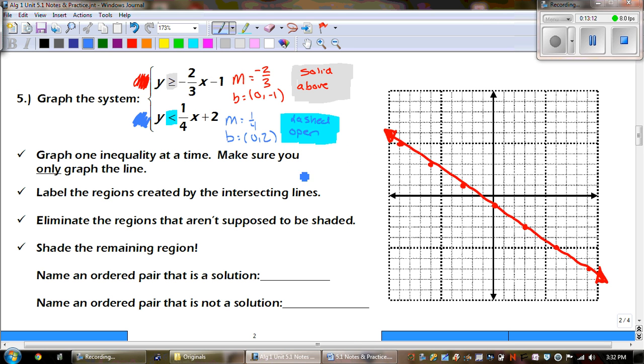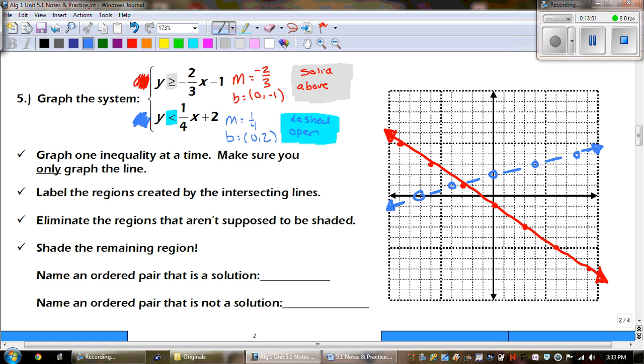Okay, so at 0, 2, I am open, and then I go up 1 over 4, up 1 over 4, down 1 over 4, down 1 over 4. 1, 2, 3, 4, or maybe it was. Okay, and now I'm going to make a dashed line and have my arrows.